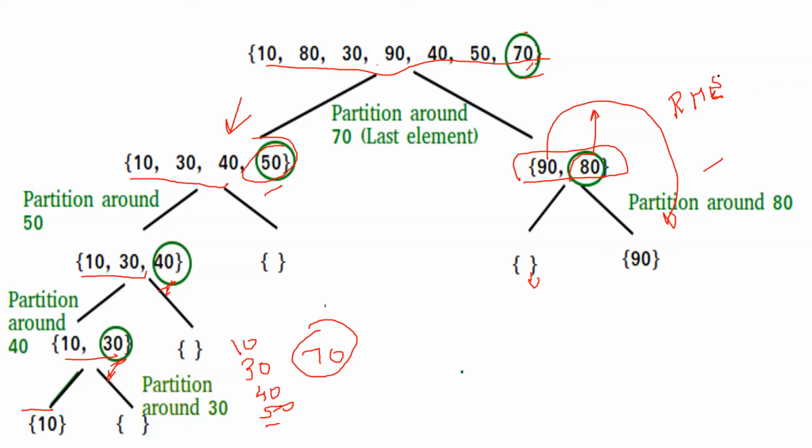While with pivot 50, the elements 10, 30, and 40 are smaller, so they go to the left. After the rearrangement, it will be 70, then 80, then 90. Let me explain again if you're confused.